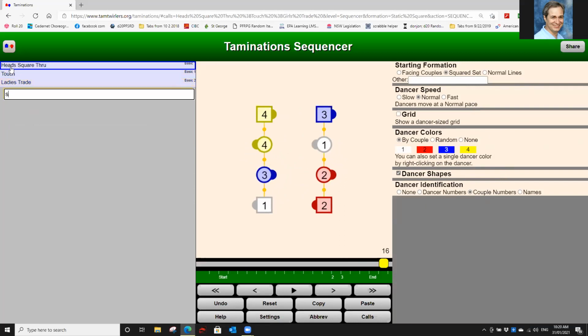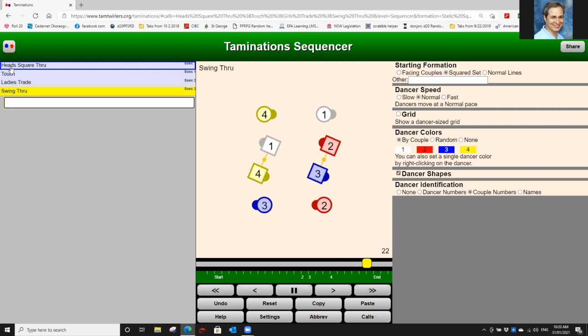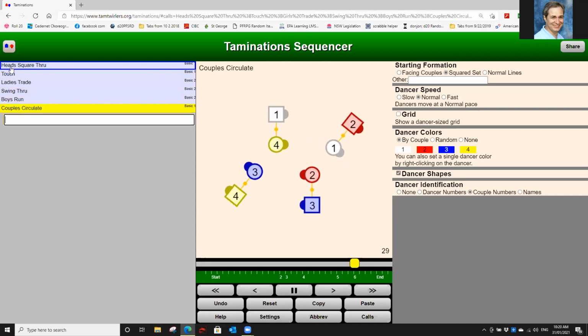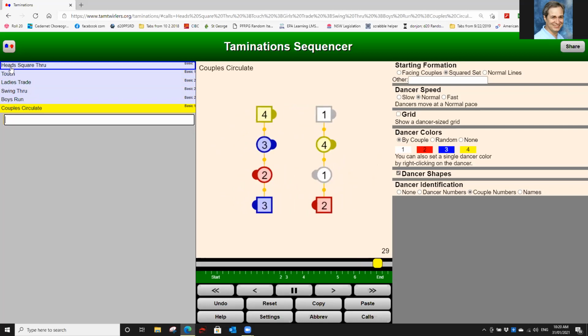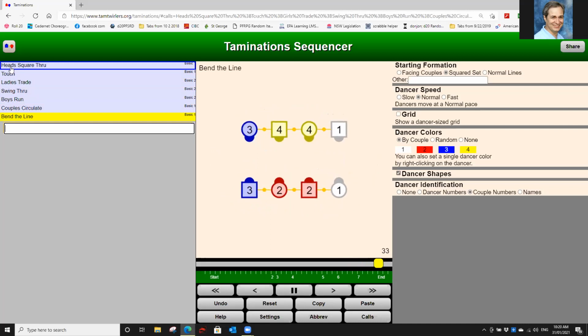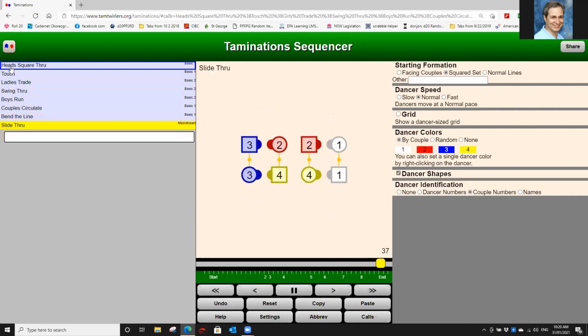Swing through, boys run, couples circulate. Bend the line. Slide through. A position like this, Daryl. You have a 3/4 promenade.